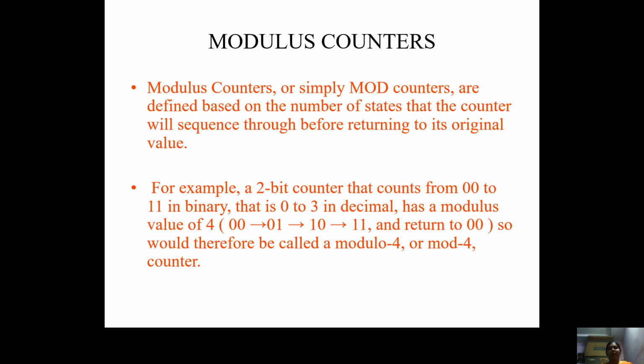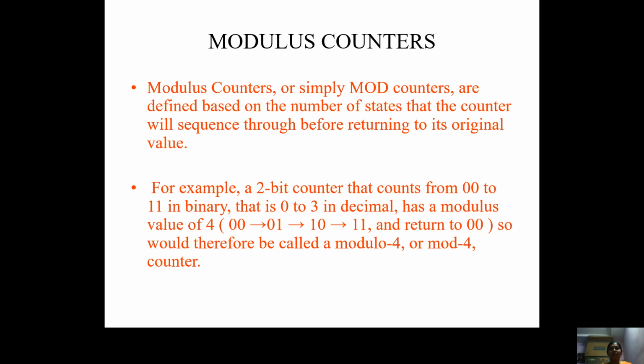Before designing any modulus counter, first we need to assume how many flip-flops are necessary. For example, a 2-bit counter counts from 00 to 11 in binary, that is 0 to 3 in decimal, and has a modulus value of 4.